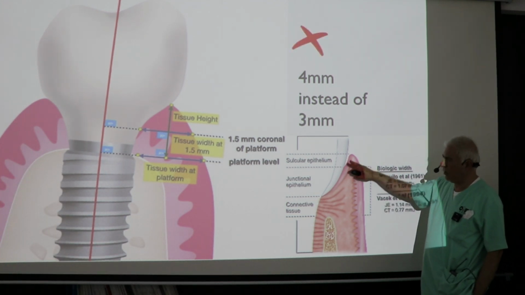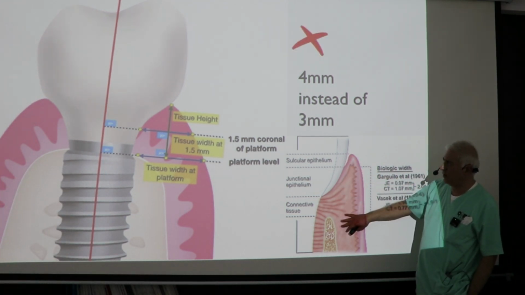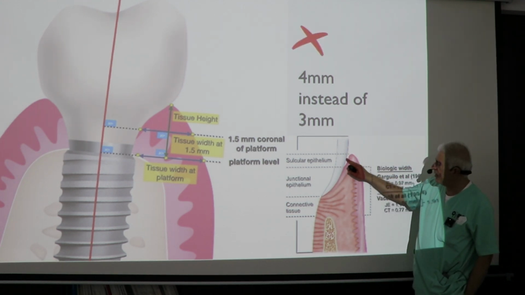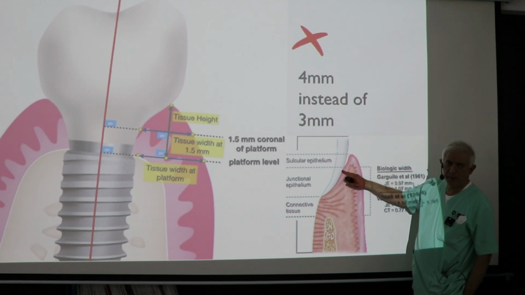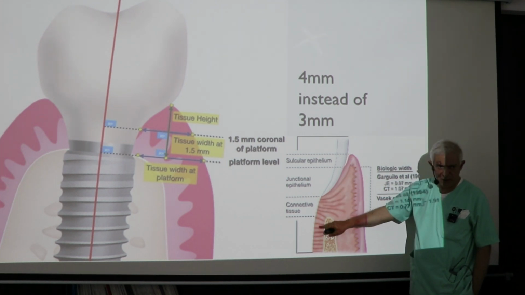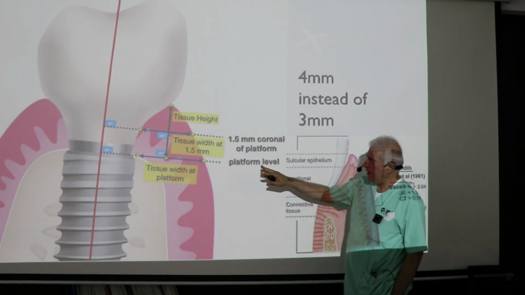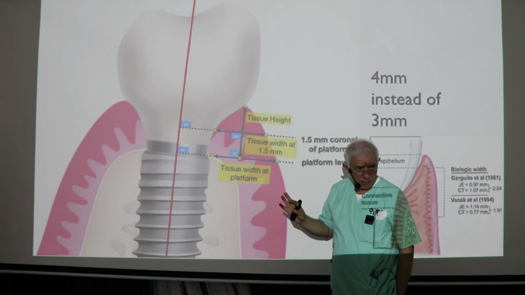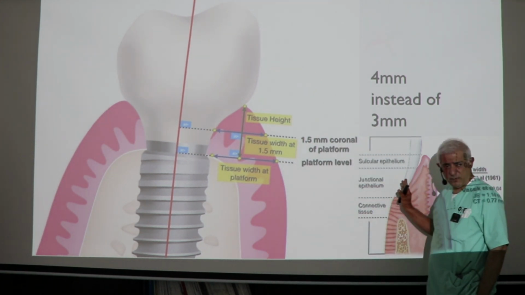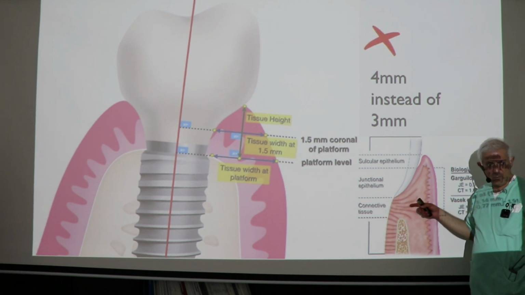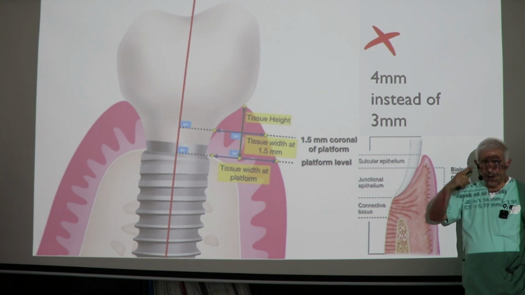The point we're trying to show here in relation to the eggplant, there is a circular epithelium, then there is a junctional epithelium, and there is connective tissue. So here we have the connective tissue, which is very sacred. Why? Because we don't have Sharpey's fibers going inside the cementum, and these are going around it.